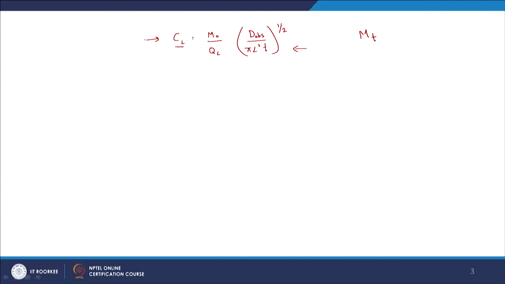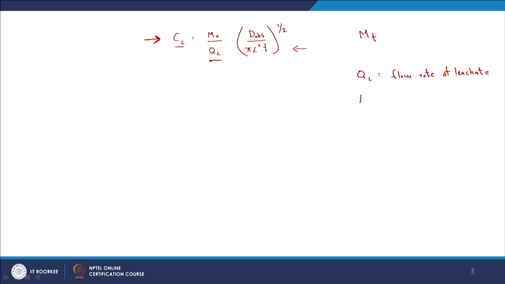But let us just take a quick look at what this is giving us an idea about. So, this is the Q_L, or the flow rate of the leachate. And what do we have? M naught is the initial mass, let us say, that is fine.